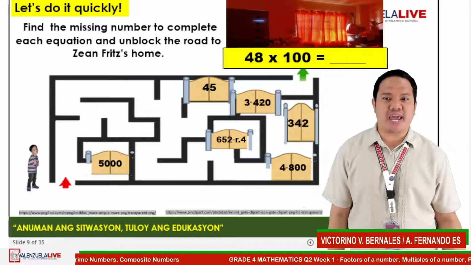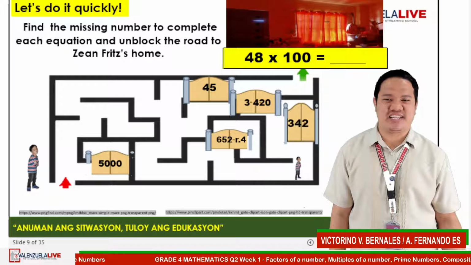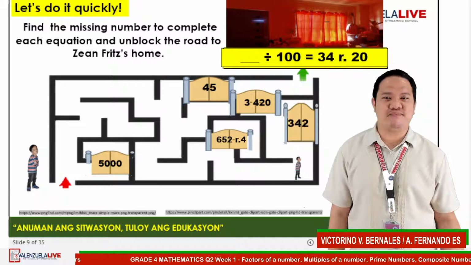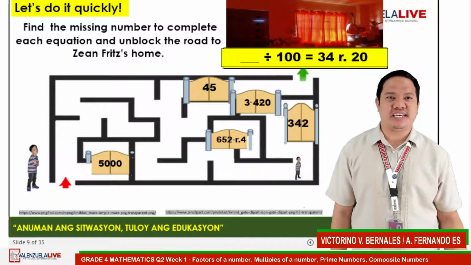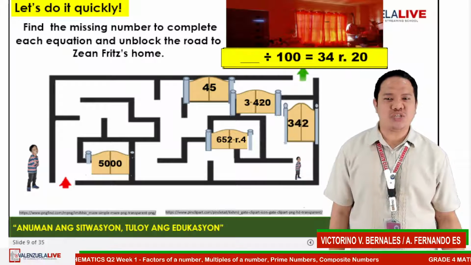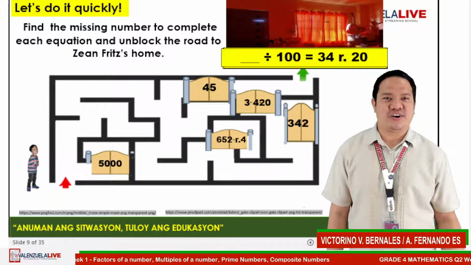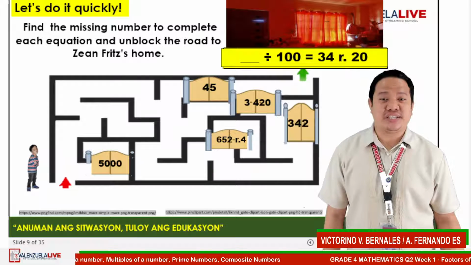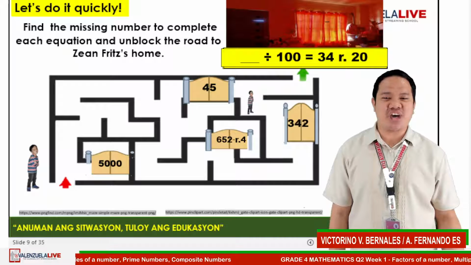The correct answer is 4,800. And for the last one, we have blank divided by 100 is equal to 34, remainder 20. Which one do you think is the answer? Correct. It's 3,420. Good job!